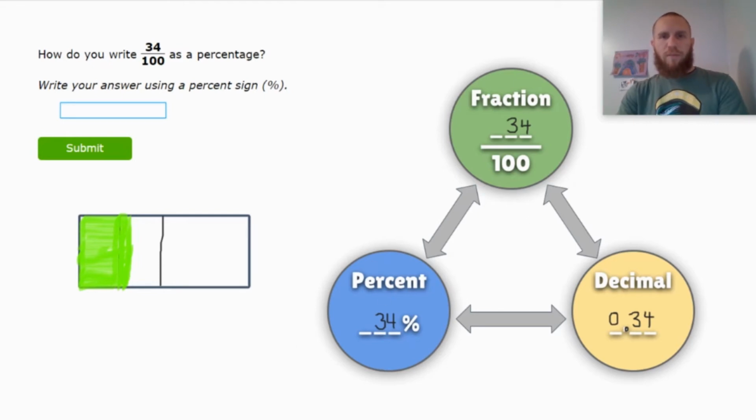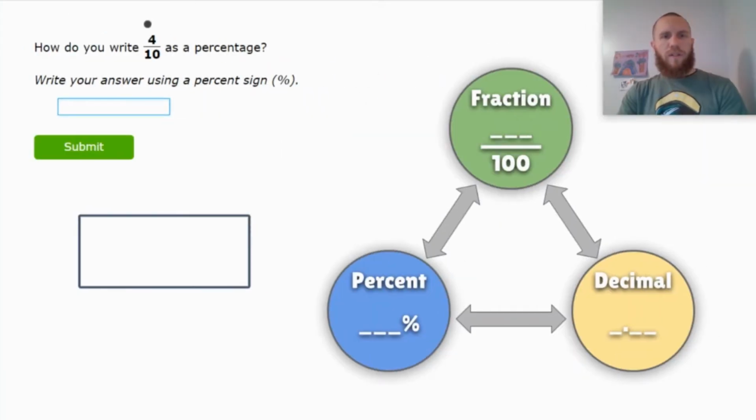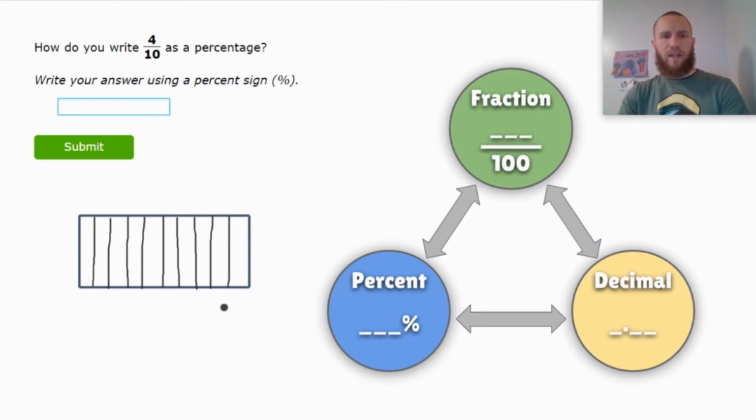All right, next problem. How do you write 4/10 as a percentage? Okay, so this one is a little bit trickier because it is not out of 100, it's out of 10. So what I'm going to do is I'm going to draw a picture and then I'm going to talk about these over here. Okay, so I drew my 10 pieces, 1, 2, 3, 4, 5, 6, 7, 8, 9, 10.